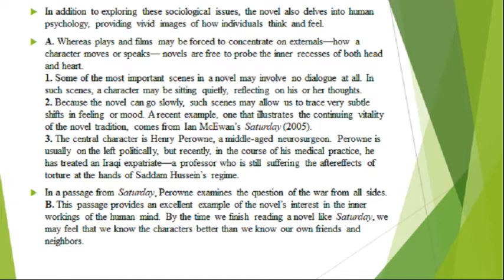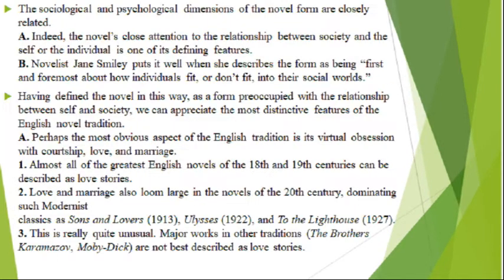Though we've considered them separately, the sociological and psychological dimensions of a novel are actually quite closely related. Indeed, one of the novel's defining features is its close attention to the relationship between society and the self or the individual. Novelist Jane Smiley puts it well when she describes the form as being, quote, first and foremost about how individuals fit or don't fit into their social worlds.